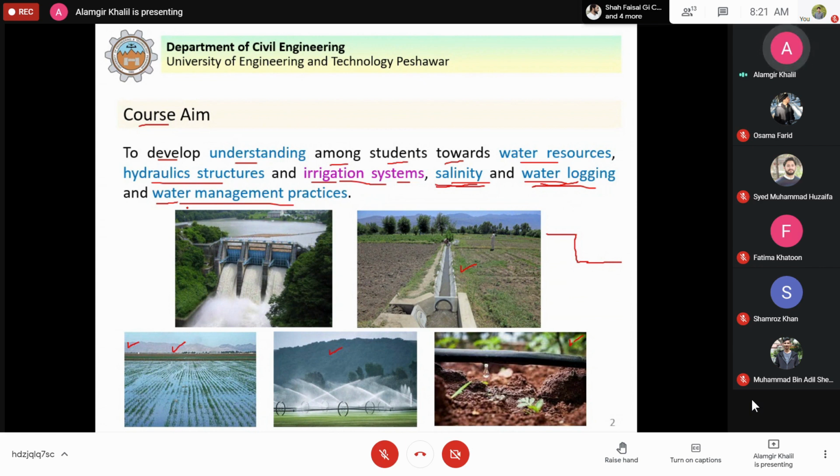Water management practices means how to increase the storage capacity of water for useful purposes. That is, we need to construct more dams in order to store the water and then use the same water for meeting different demands.